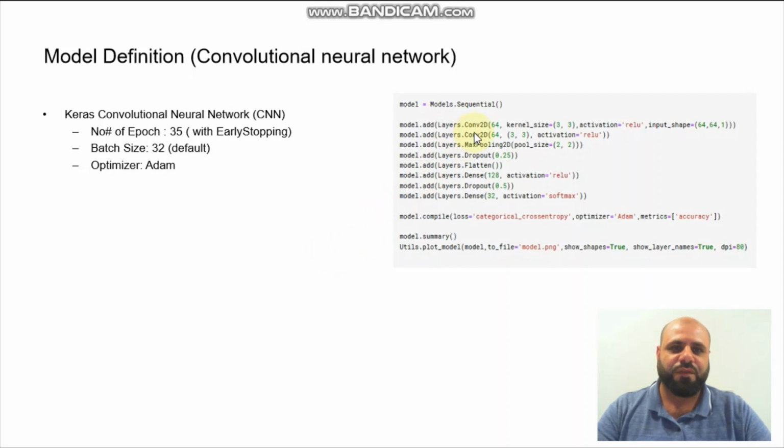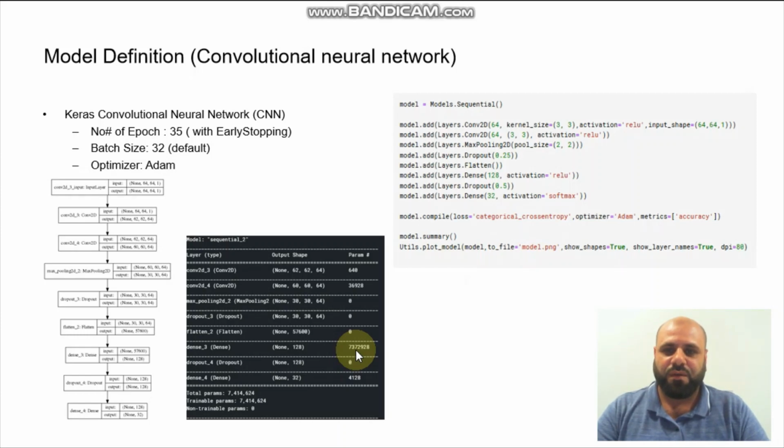For the layers, a convolutional 2D layer with 64 features, max pooling, and dropout to prevent overfitting, then a flatten layer to prepare for the fully connected dense neural network, ending with the classes. I need to categorize them into 32 classes. For compile, I use categorical cross entropy, optimizer Adam, and accuracy, and this is the summary of my model.